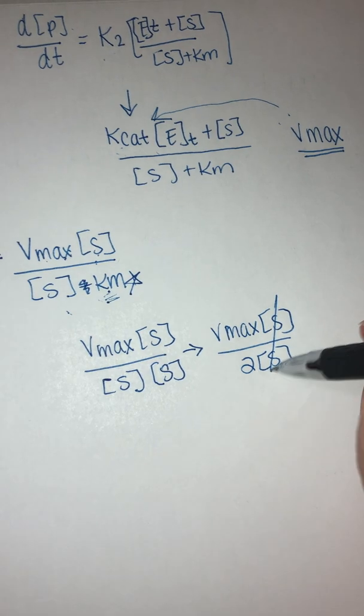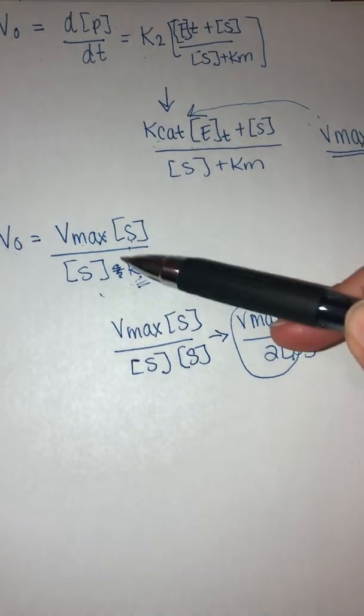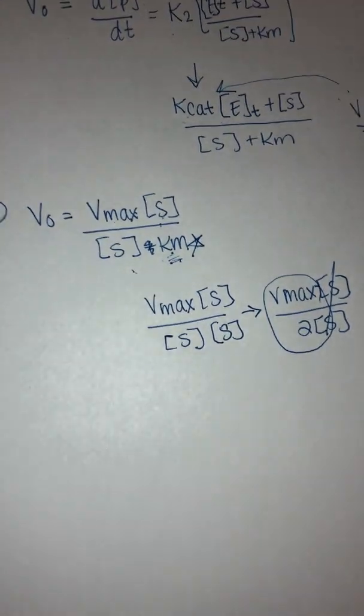The S's will cancel out, and then you will just have Vmax divided by 2, which is how we get the value for Km here.